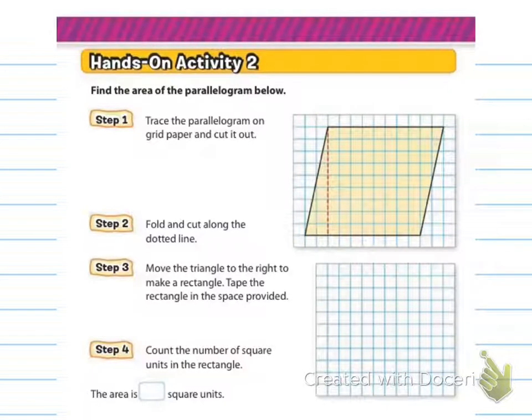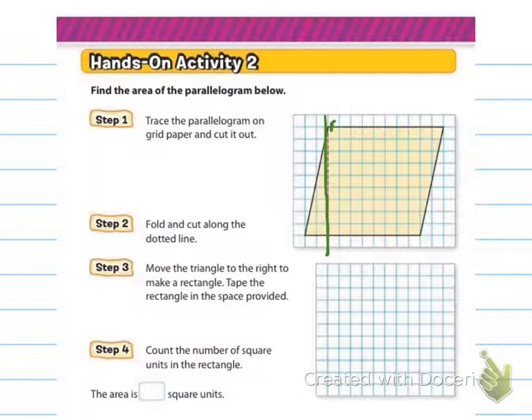All right, so it says find the area of the parallelogram below. Step 1, trace the parallelogram on the grid paper and cut it out. So if you'd like to draw this onto a piece, you could. If not, just visualize with me here. And so they cut this piece out. Then they said to fold along the dotted line here, so from here all the way straight down.